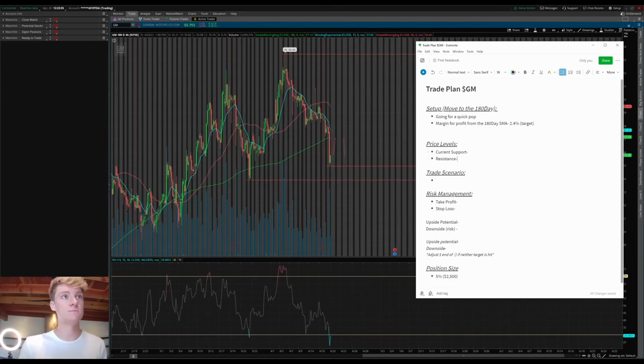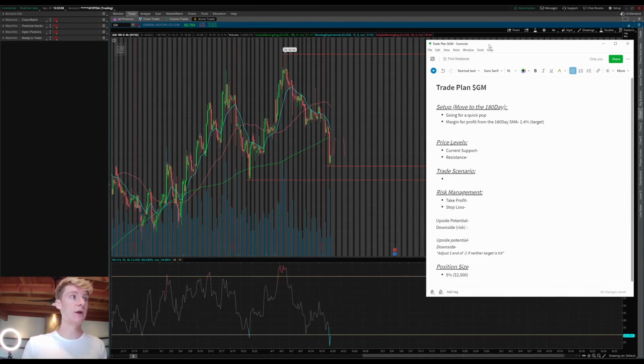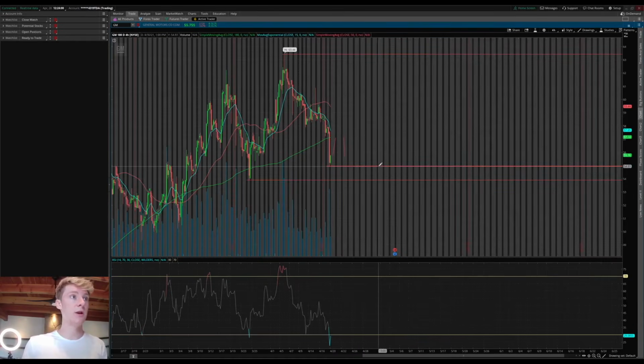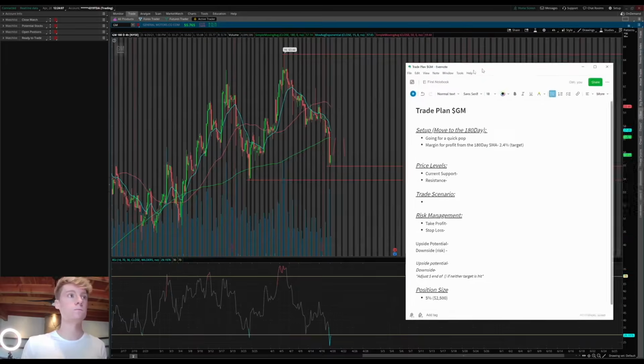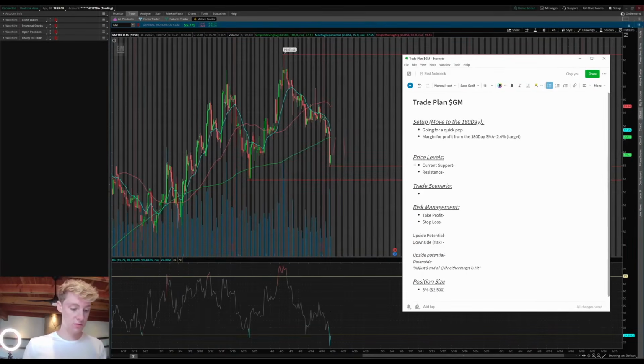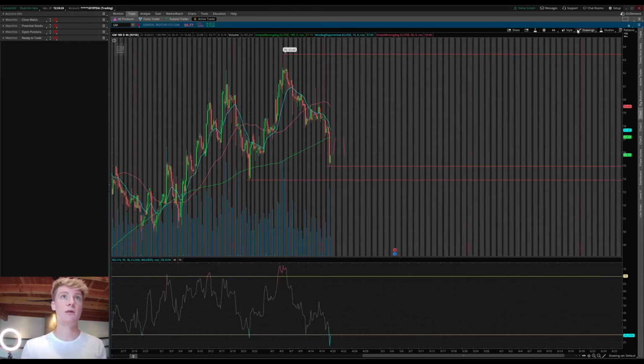Our price levels. So our current support, we have support at 54.95. Okay. And now how I like to format this is, I'm going to calculate how far of a move we have to our support below that.